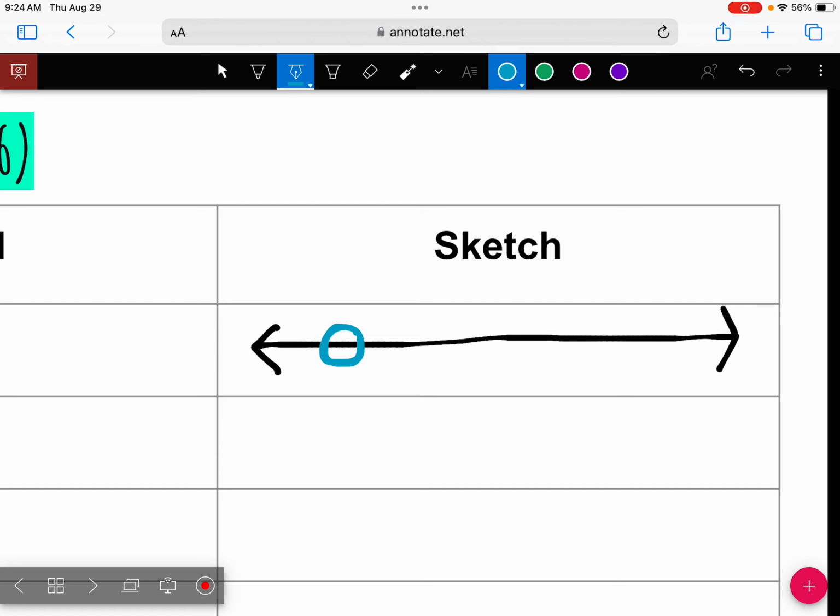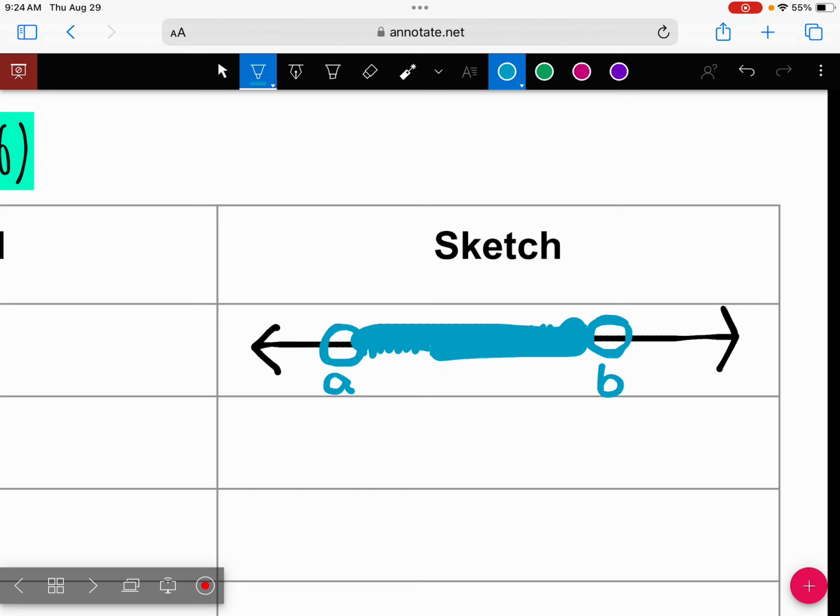So that would be A. And B will also be an open circle. And X is somewhere in between. Like this, right? Do we see that part?